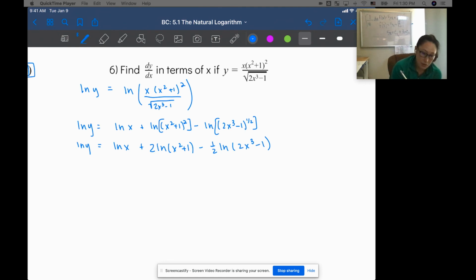Okay, so now we're going to take the derivative of both sides with respect to x.